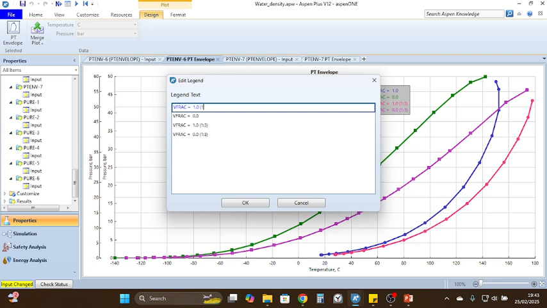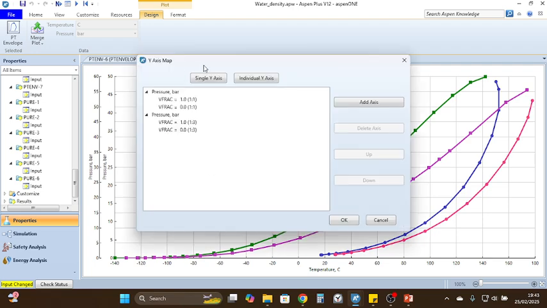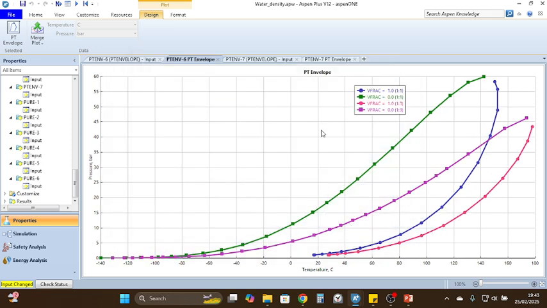So this is for 1:1. For the Y-axis, we are going to have a single y-axis. So this is how the curves look. So is there any doubt in this problem?